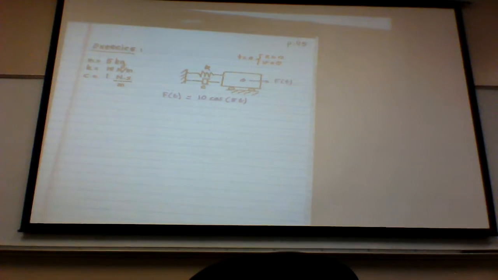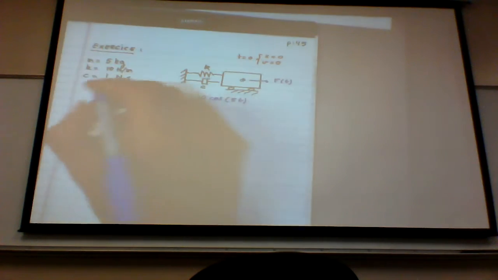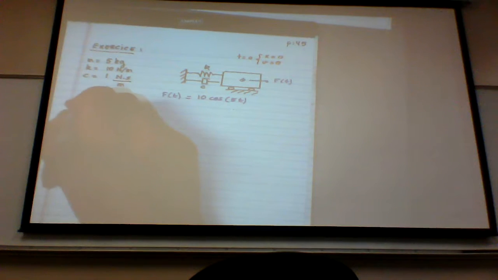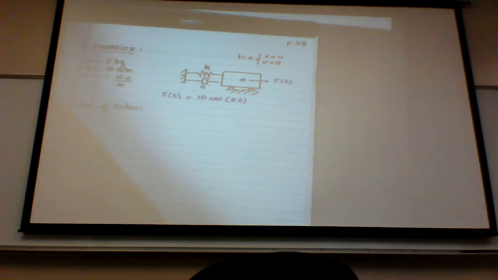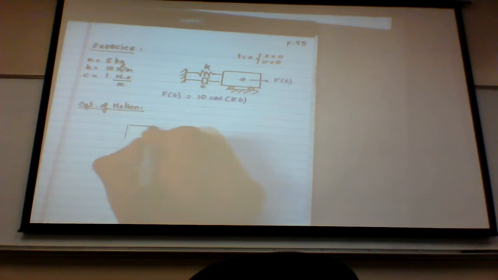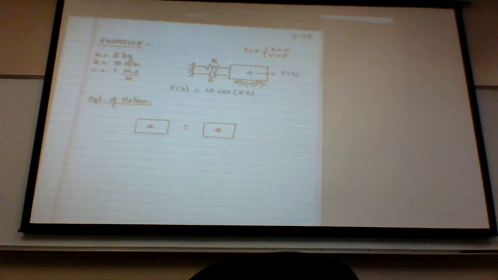Okay, so I'm going to go a little bit fast over here. First thing to do will be to find the equation of motion. So I guess this little diagram, you know it by now, no?